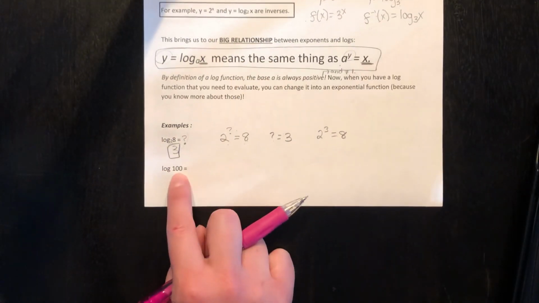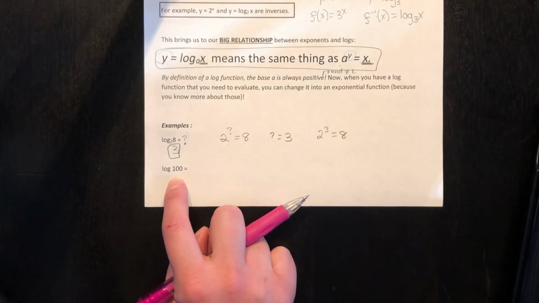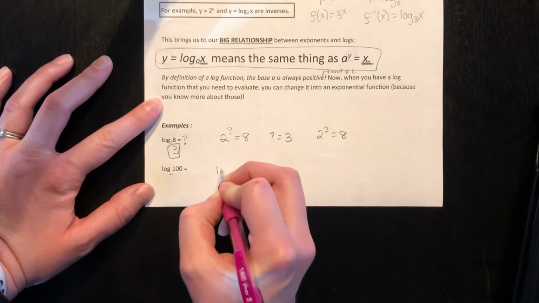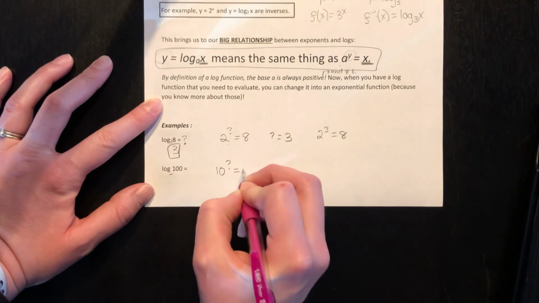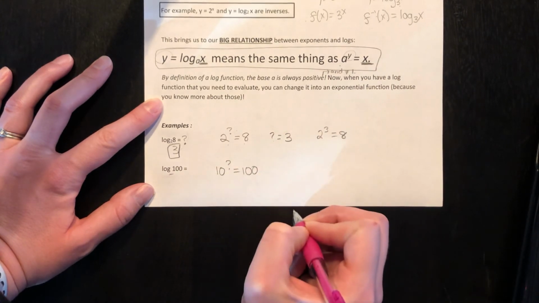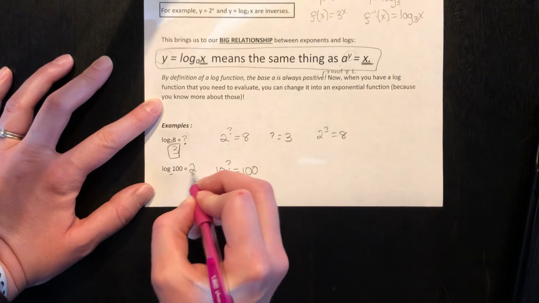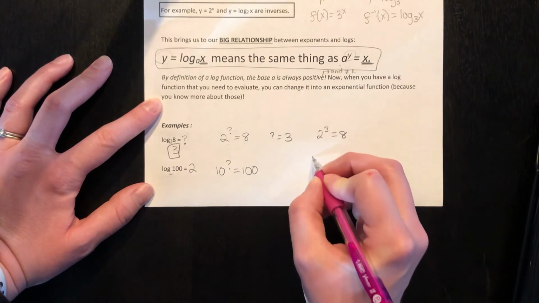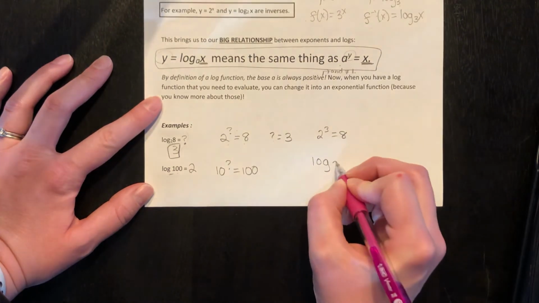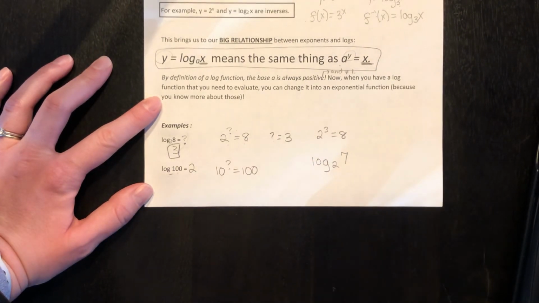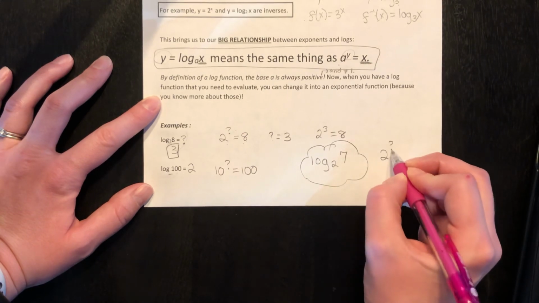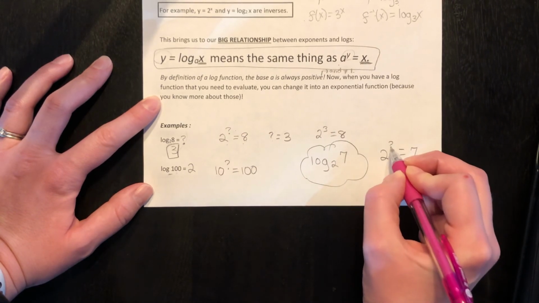All right, log of 100, we've already been through this one a couple of times, but notice again, there's no little base here, so you know that it's a 10. 10 to the what is 100, and you know that 10 to the 2 is 100, so this log is equal to 2. Now, what if I was to say log base 2 of 7? Now, that's going to throw you for a little bit of a loop because you think 2 to the what is 7, and you think, I don't know.